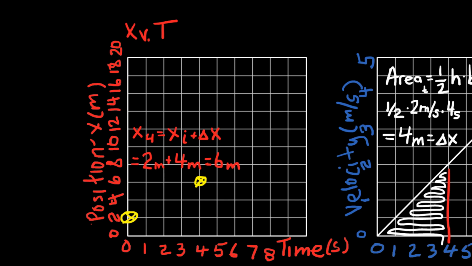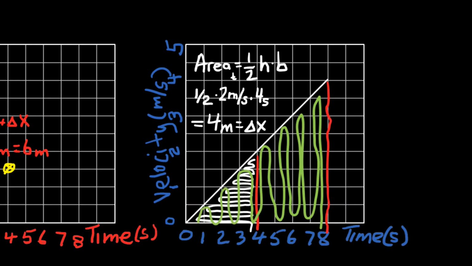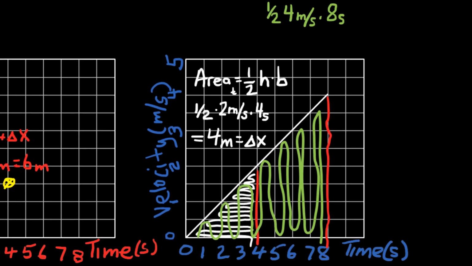Let's take a look at the displacement from 0 to 8 seconds. It would be represented by the area of this larger triangle. Again, it's 1/2 base times height, so 1/2 times 4 meters per second times 8 seconds tells us our displacement is 16 meters.